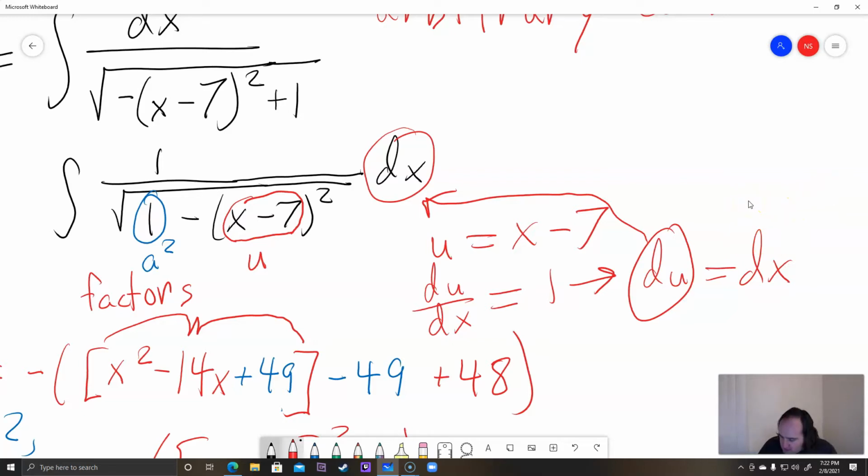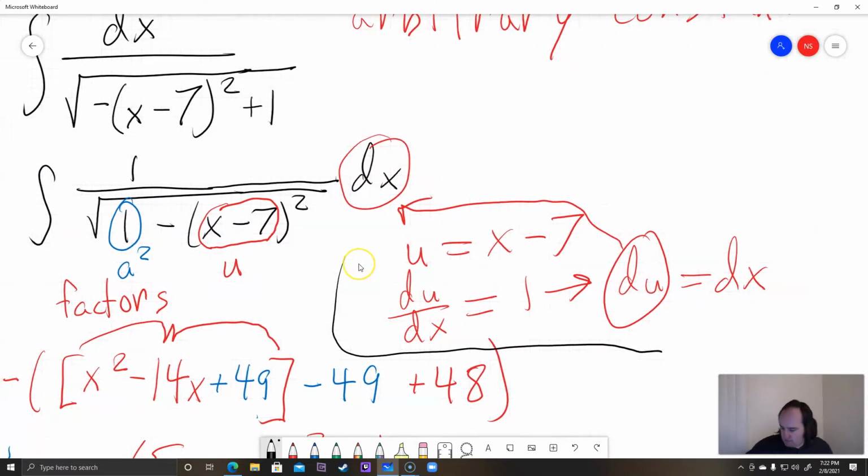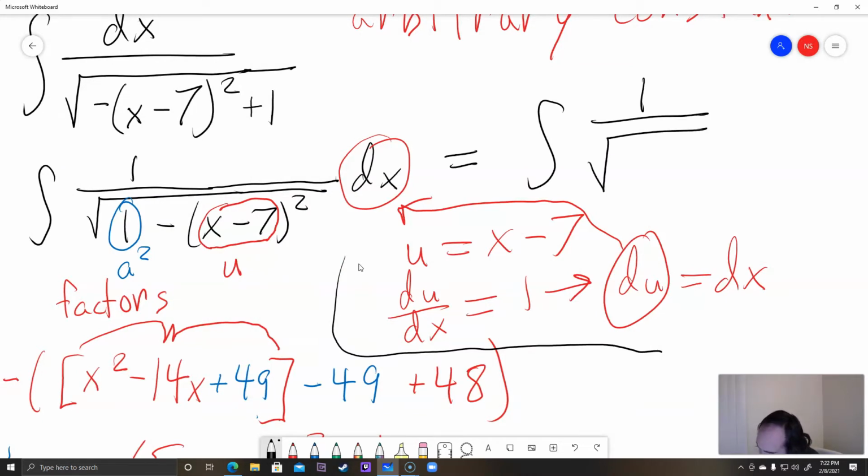Okay, and then after we do all that, we finally got it in this format we want it to be in. So now we have the integral of 1 over the square root of a squared minus u squared du, because dx is just the same as du.